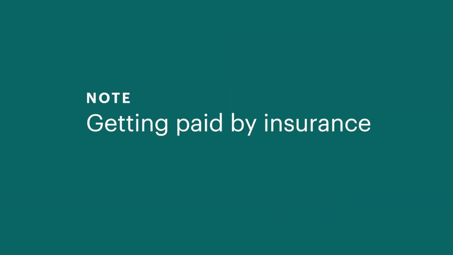So, getting paid. There are a couple of things I want to be mindful of. One of the biggest misnomers is how fast you get paid. Everyone's like, oh, it takes forever to get paid from insurance. No, no, no. It used to take a lot more time when you did it by paper.